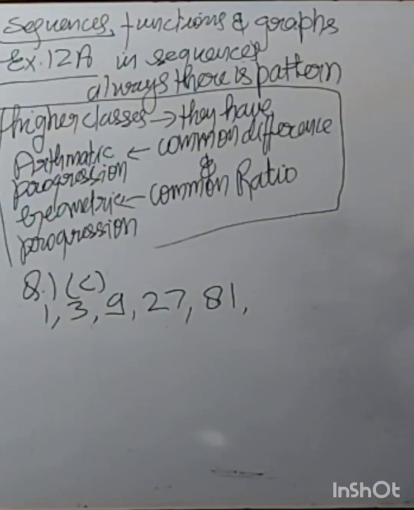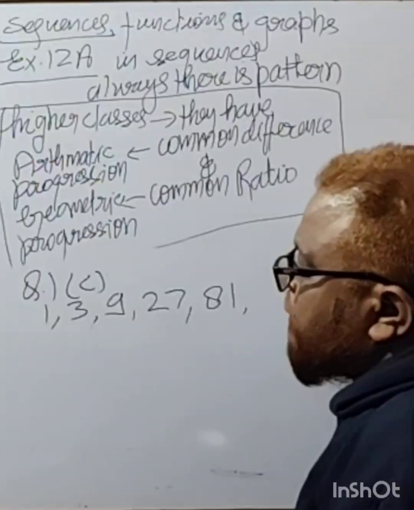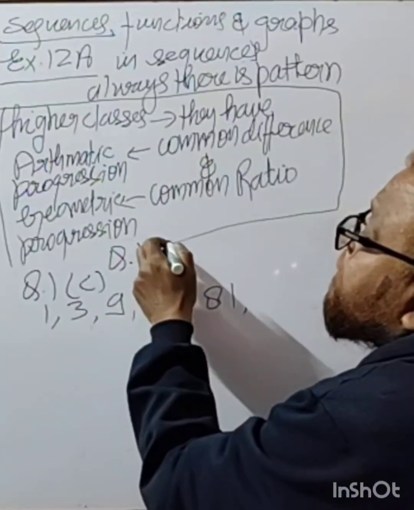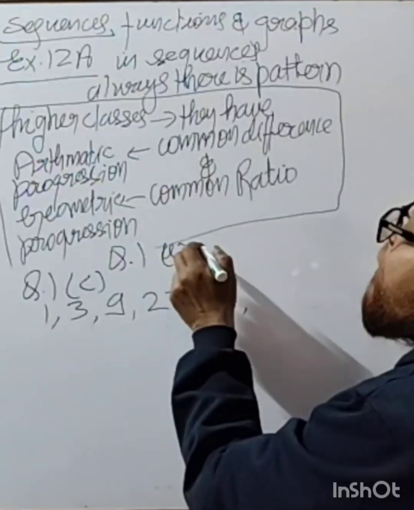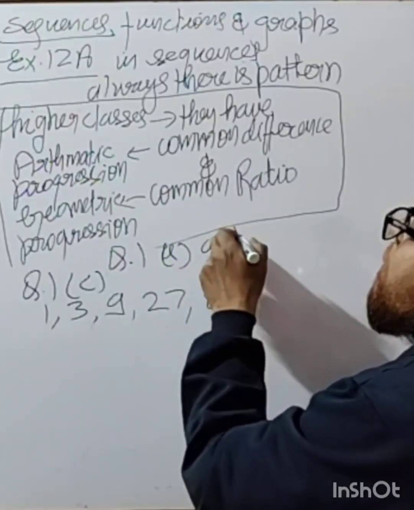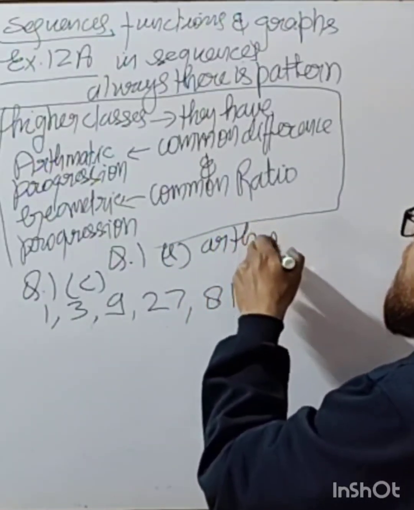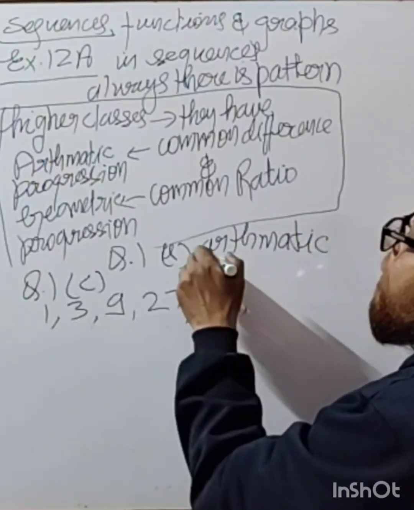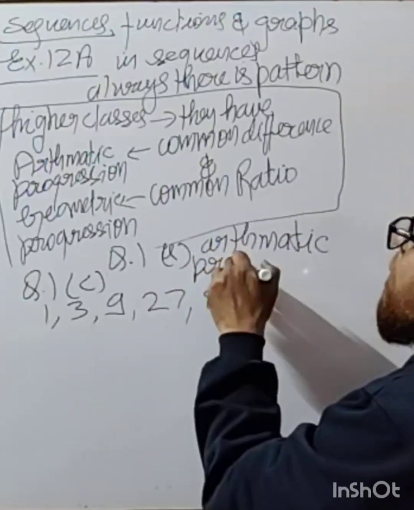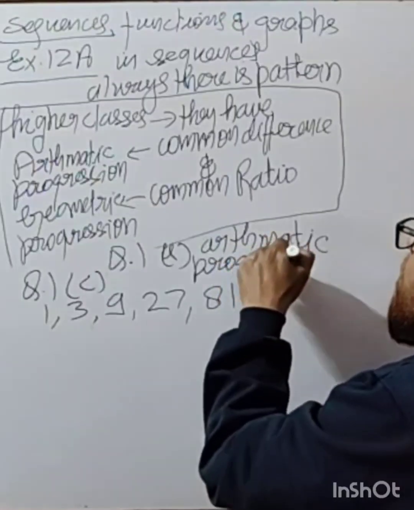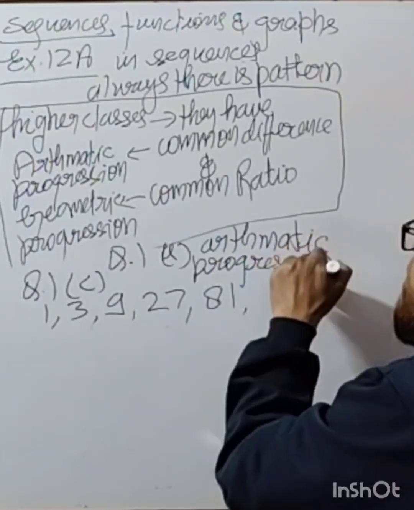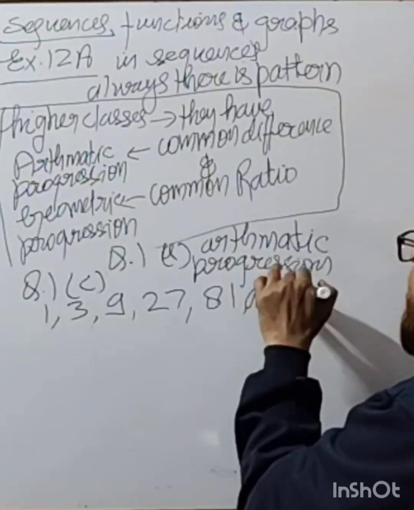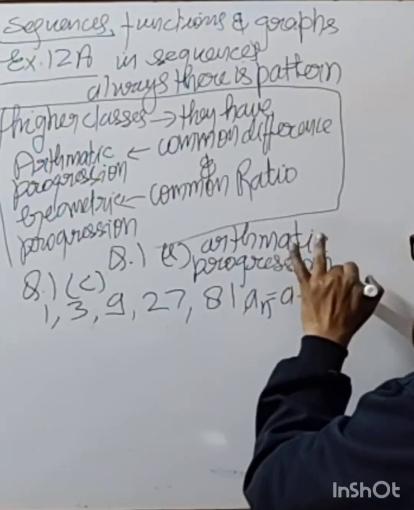Look, the question number 1A was arithmetic progression, that is an is equal to a plus n minus 1 into d.